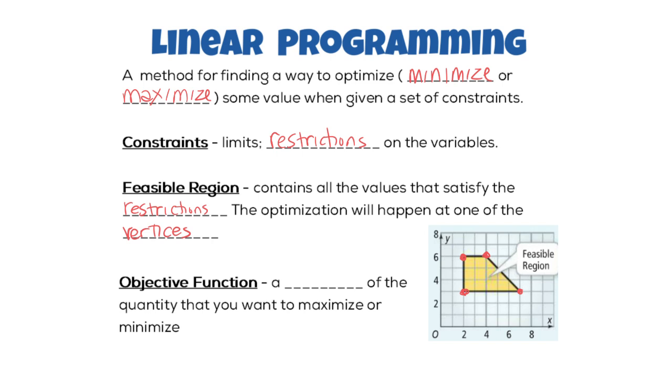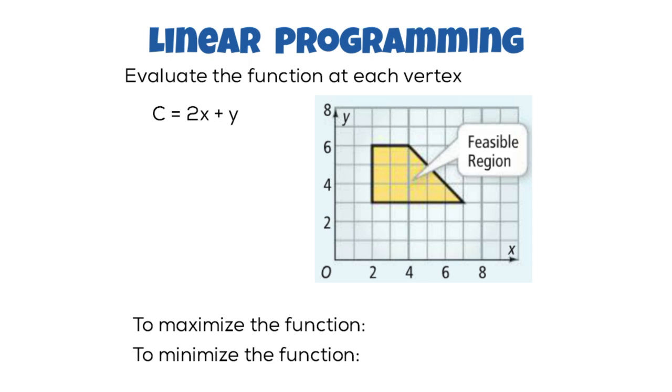And this is a function of the quantity that I'm wanting to maximize or minimize. Once I have the function given to me, so this looks like maybe this is some sort of a cost function, and it's saying that the cost is equal to 2x plus y. Now what I do is I look at my feasible region that I'm going to have graphed after I do all the restriction stuff, and it's creating these ordered pairs.